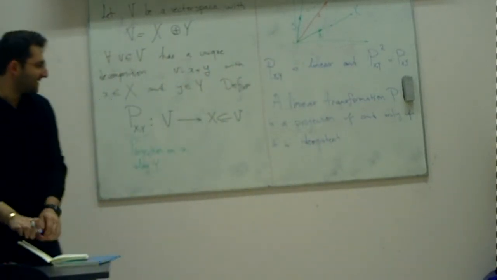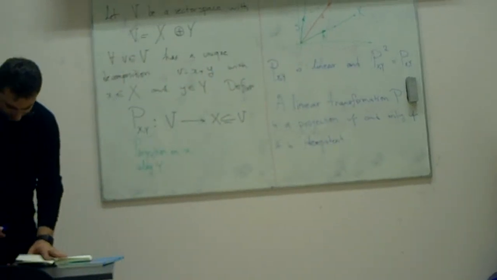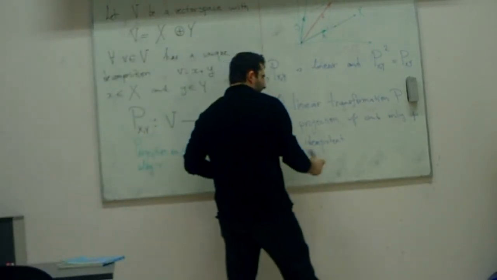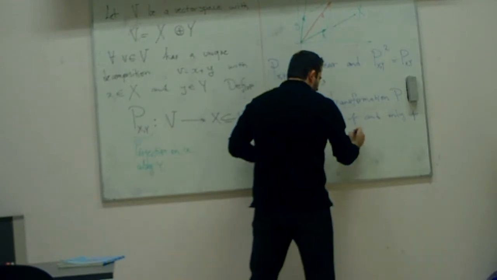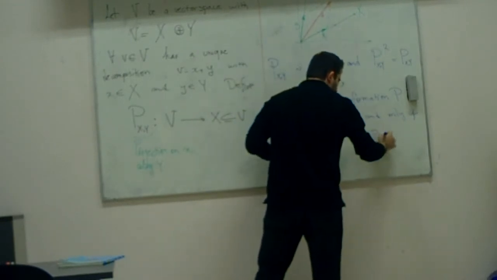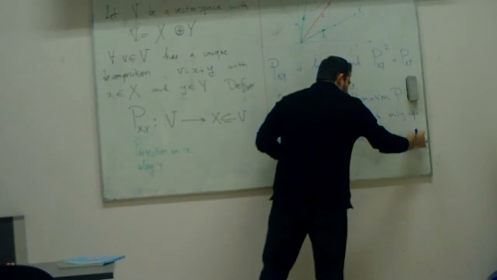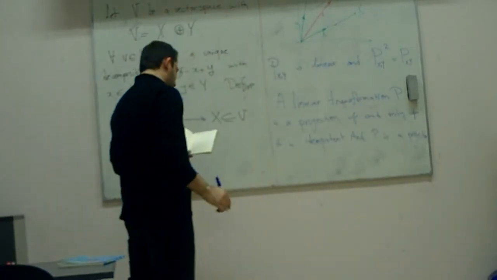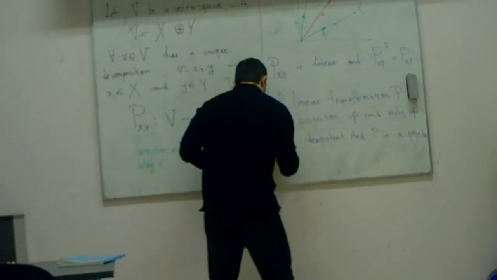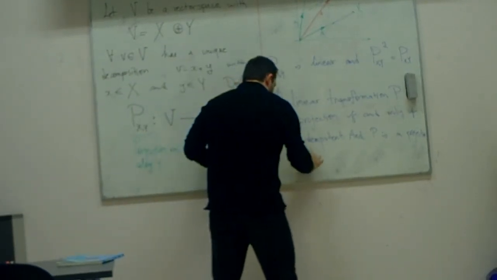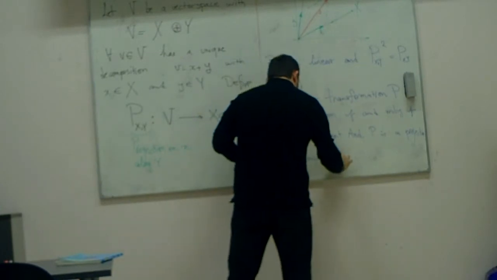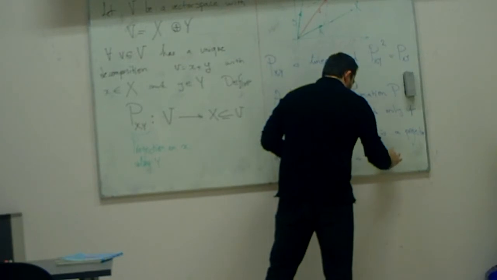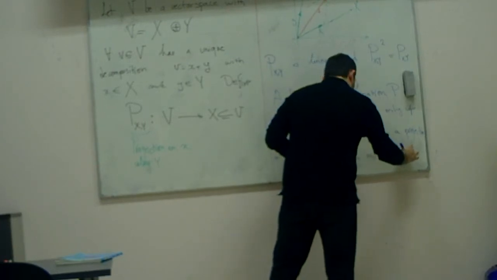Idempotent means that P squared is equal to P. And P is a projection if and only if I minus P is a projection as well.